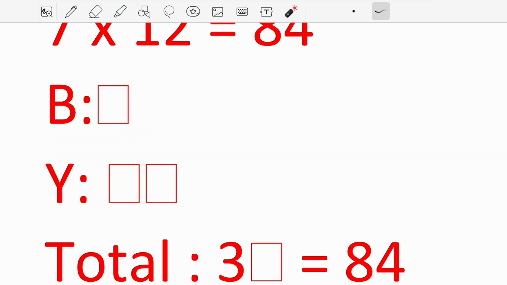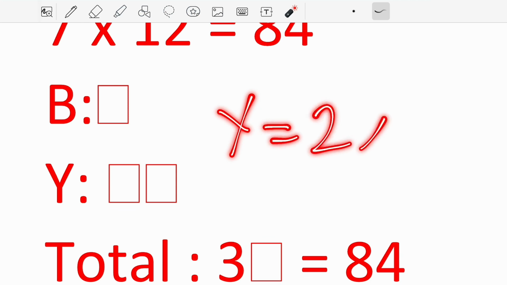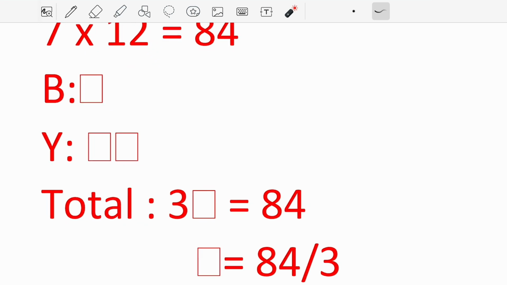Another way of saying one item is half the amount of the other, we can say the yellow is twice as much as the blue. Instead of saying blue is half as much as yellow, we can say yellow is twice as much as blue. Right? So in total, that will be 3 boxes, or 3 times box. 3 boxes is 84.